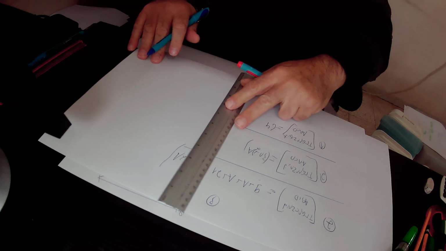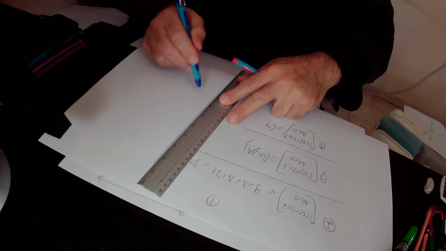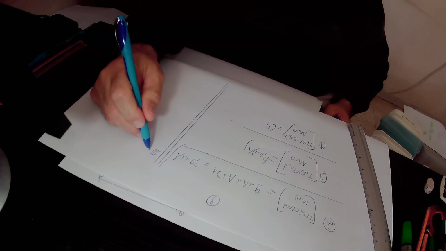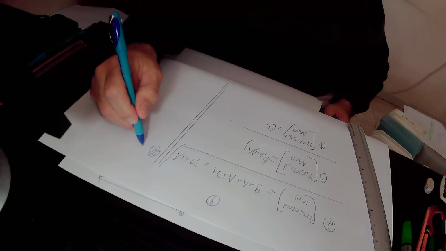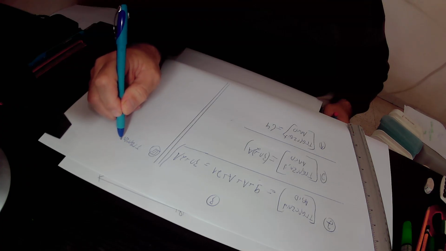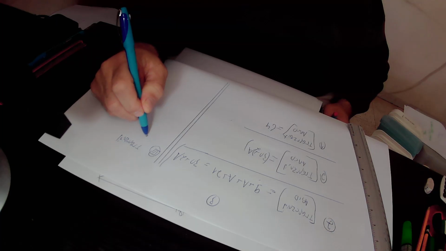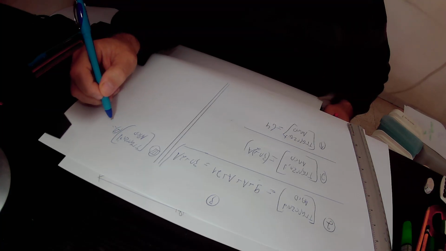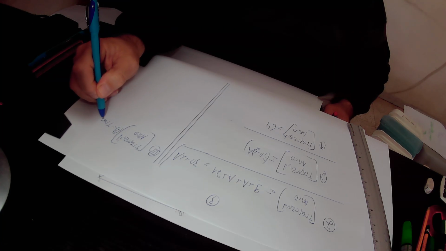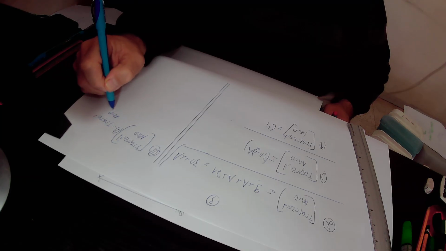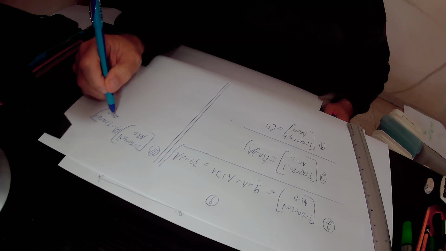Therefore, we get equation 3, which says that the area of the big trapezoid ABCD according to the first method of calculation must be equal to the area of the same trapezoid ABCD according to the second method of calculation.